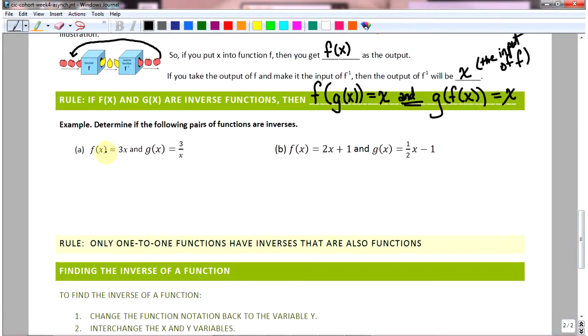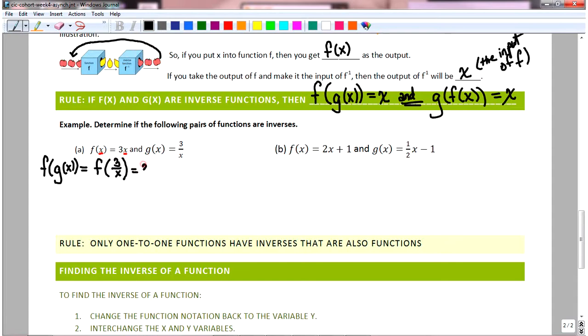In the next example, determine if the following pairs of functions are inverses. In part A, the first thing I need to do is find f of g of x. First, we substitute what g of x is equal to in the innermost parentheses. That's 3 over x. Now I'm going to take the 3 over x and plug it into my function f everywhere I see an x.